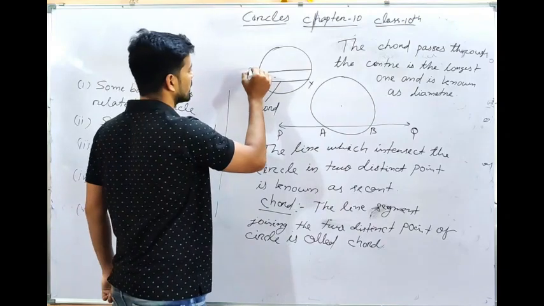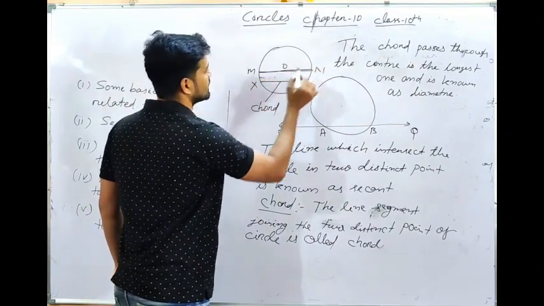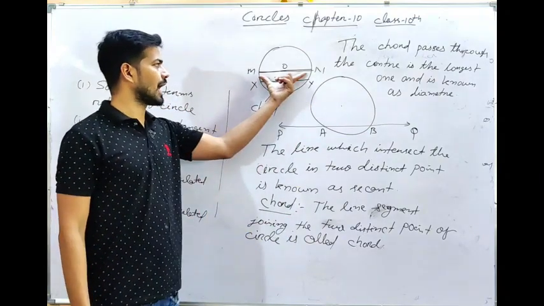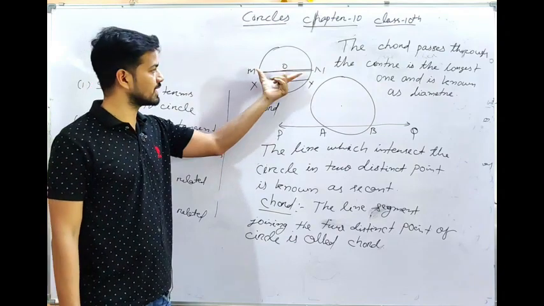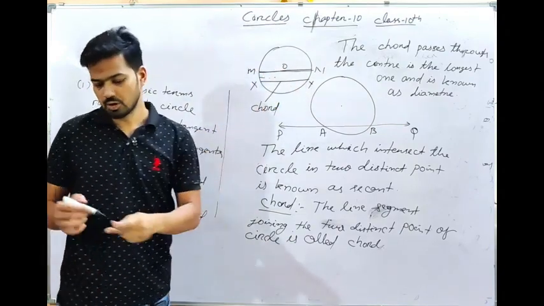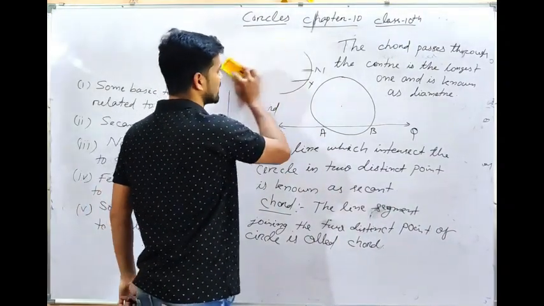So here MN is the diameter. The line or the chord that passes through the center is the longest one, and that is known as our diameter. So these are the basic terms related to circle.